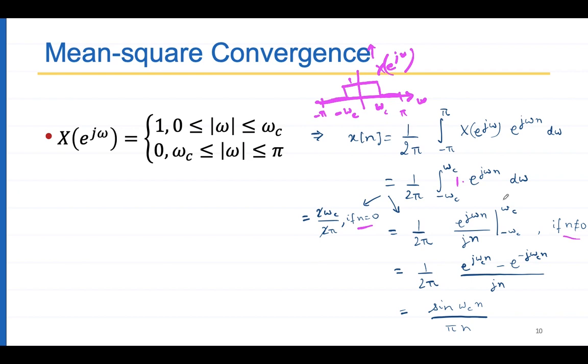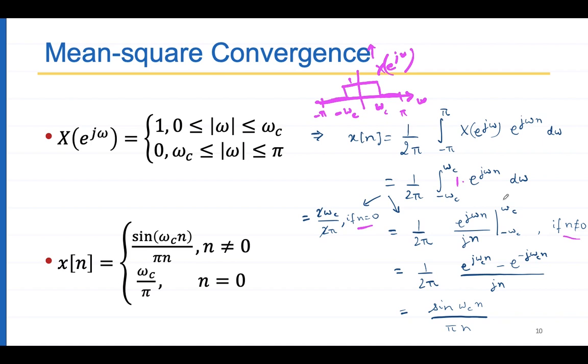So this is how the original signal looks. So my x[n], if n is not 0, is a sinc function. This is called the sinc function, sine of omega c n in the numerator, and the denominator is pi n. And for n equal to 0, we have x[n] as simply omega c upon pi.